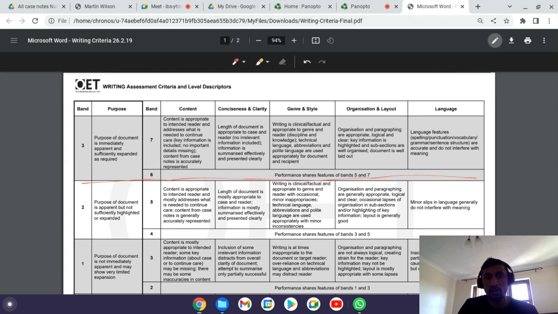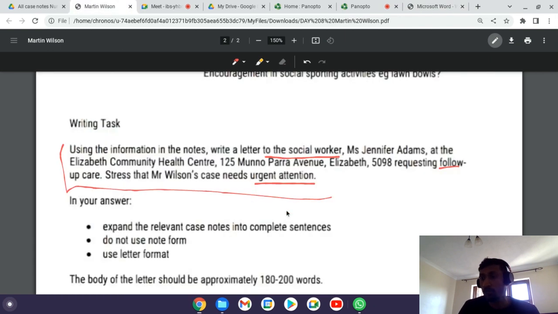So for the purpose of the letter to be immediately apparent, what do you need to do? You have to tell the patient's present complaint. That should be in the introduction. And the immediate purpose of the letter.